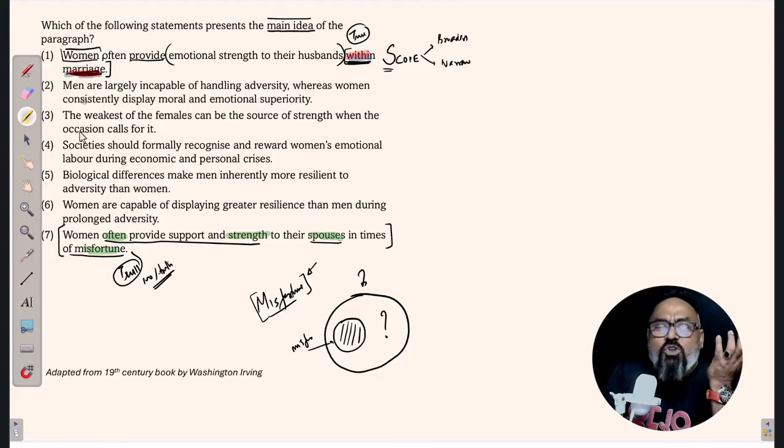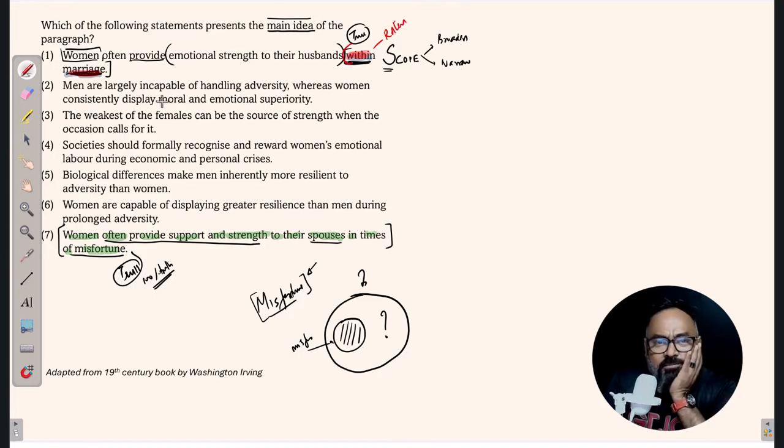A right answer choice needs to have every single word aligned with the particular passage. For a wrong answer choice, all we need is one or two words. That's it, which is why we're going to call it the rotten word. That one part absolutely ruined the sentence.